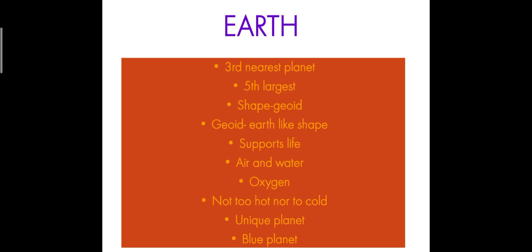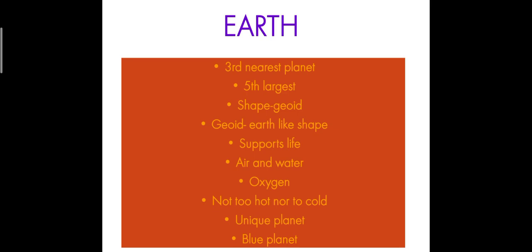Children, geoid shape means that the Earth, at the upper side and the downside, is flattened at the ends, at the poles. That is why it is called geoid. The Earth is not round, it is geoid in shape. And the meaning of geoid itself is earth-like shape.